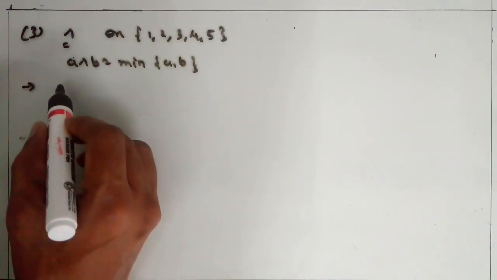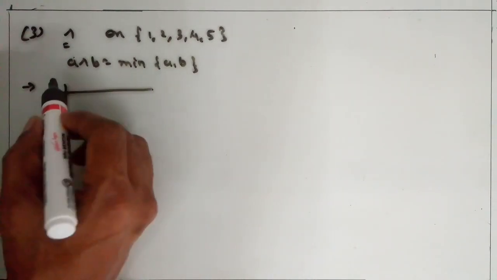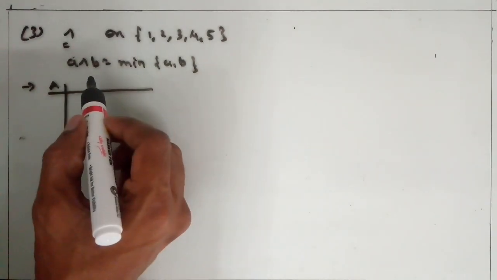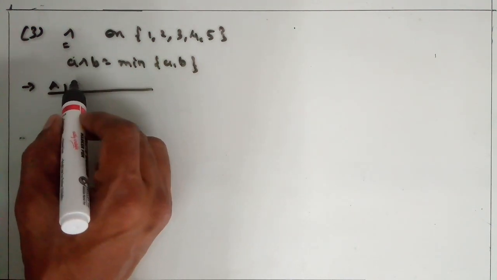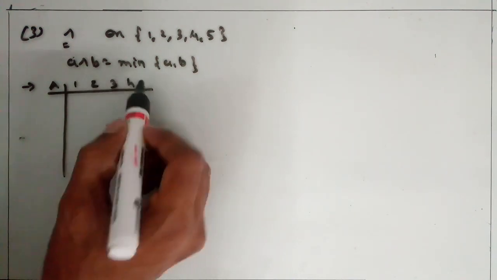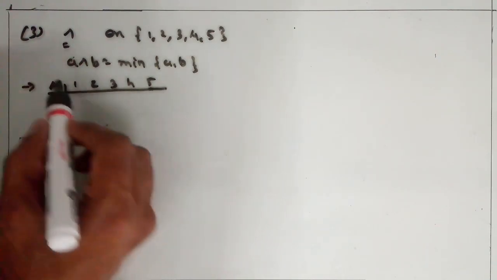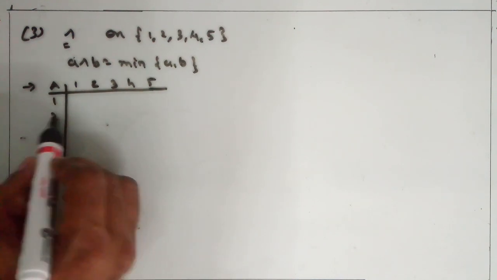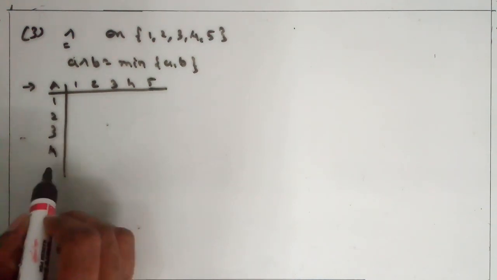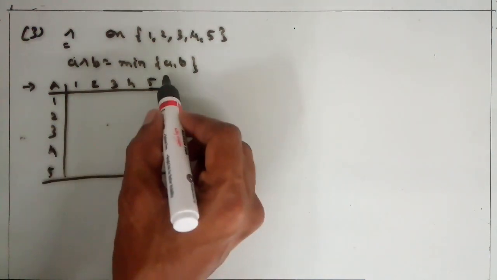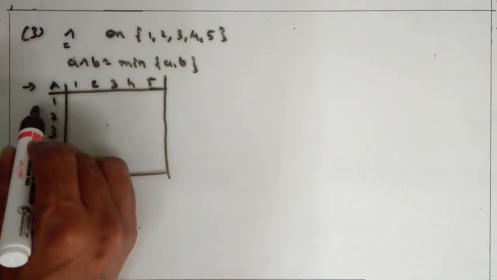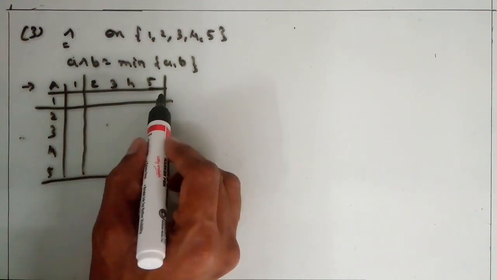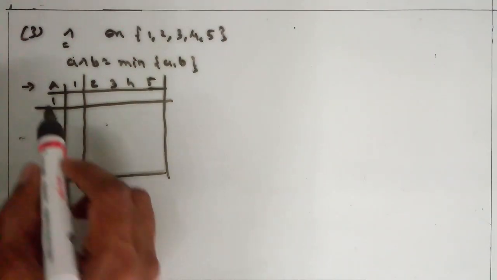Remember how to make operation tables. Here the operation minimum is given and the elements of the set are 1, 2, 3, 4, 5 in a row, and in a column we write these elements, and the result we write at the cross of row and column.